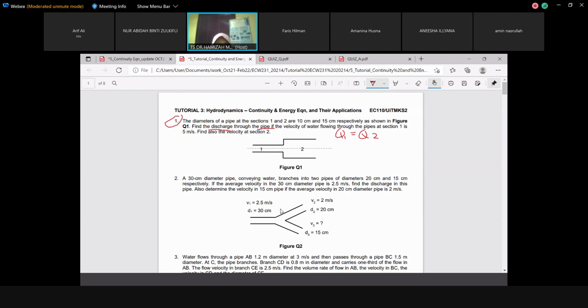Section 1 dia dah bagi 10 cm, 5 meter per second.